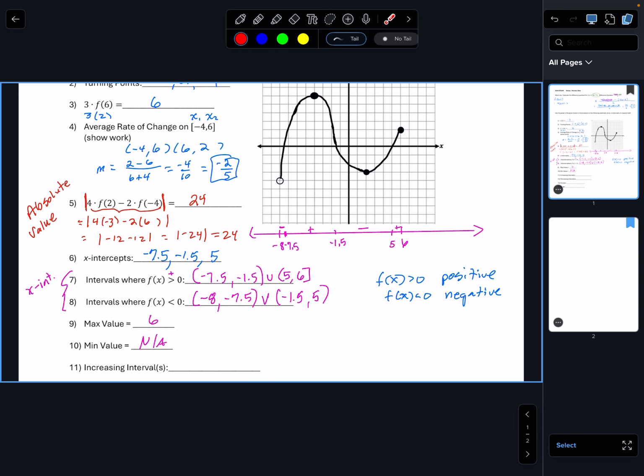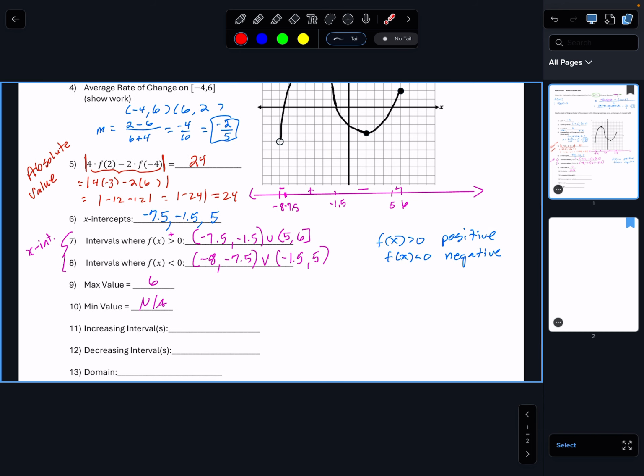So there we go. All right, then we have increasing and decreasing intervals. And for increasing and decreasing, you use relative max and mins, or absolute as well. Relative max and min, the x-coordinates, as well as endpoints.